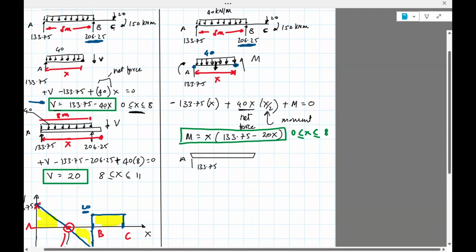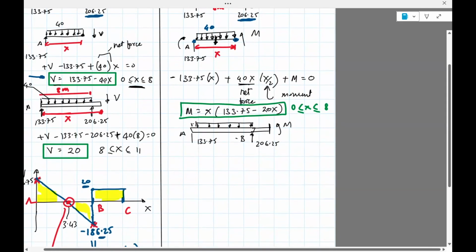Okay, let's draw a free body diagram with a cut between B and C. 133.75, 206.25. Okay, it extends a little bit. So this point is where we'll apply the moment M. Let's write the equation.